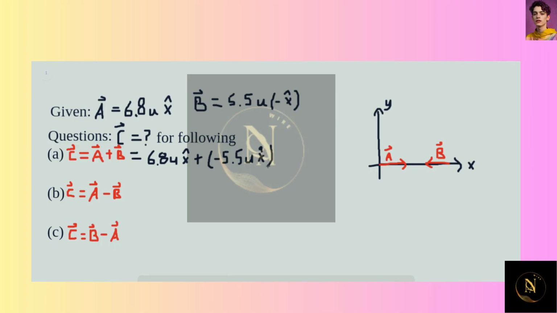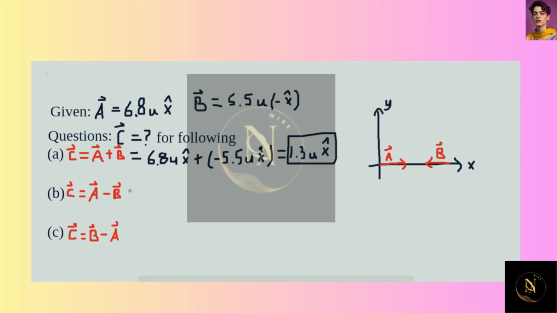Well, 6.8U plus negative 5.5U, we can add them together since they're both in the X hat direction. Plus a negative is the same as minus that number. The difference between those two is 1.3 units, and direction plus X hat, in the positive X hat direction. Box that in as our solution to part A.